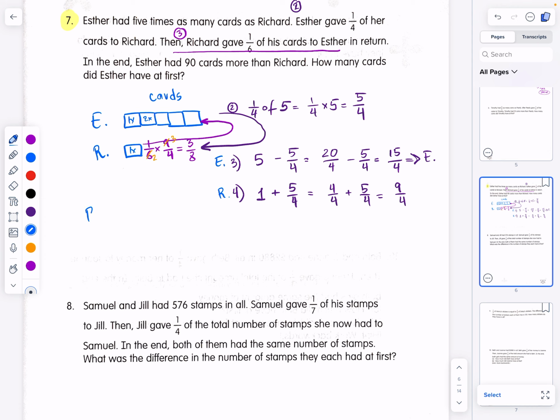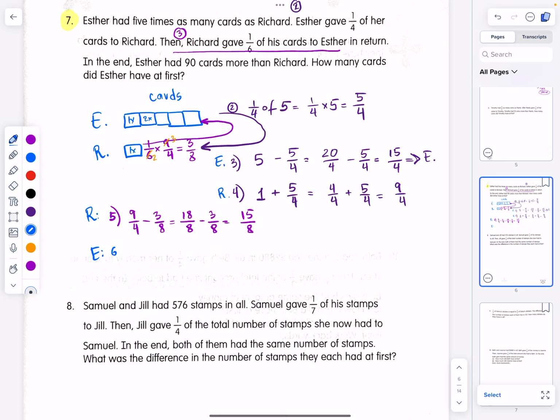After the second exchange, Richard, right? That's step 5. Let's pick up this color. Richard's 9/4 minus 3/8, which is the same as 18/8 minus 3/8. Richard now has 15/8. And what about Esther? Well, she got a gift, right? So she now has a little bit more. Esther, step 6.